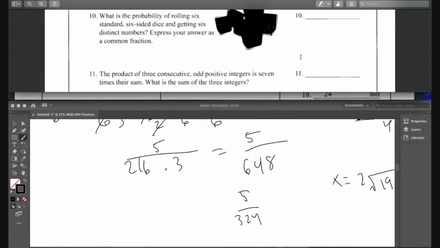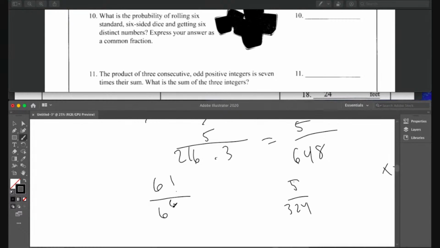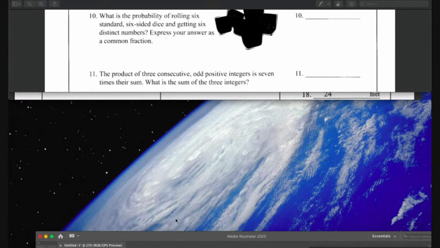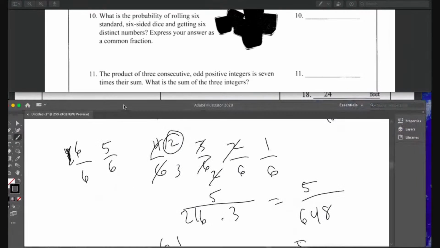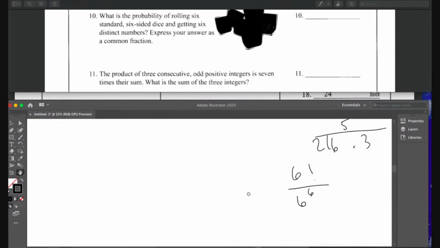It would have been 6 factorial over 6 to the 6, right? Yeah. And that's pretty much what we have here, right? Yeah, that's just what you guys have there. Okay, you can also do it that way.